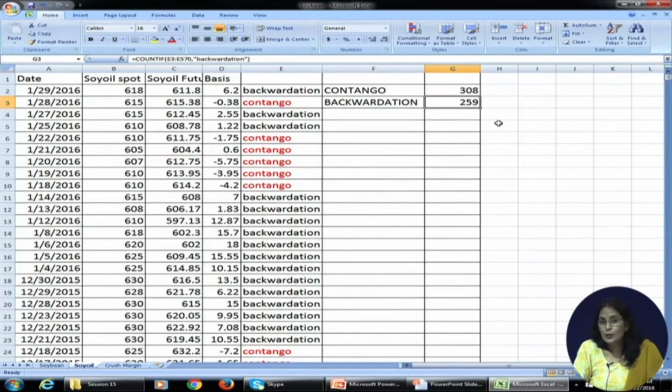So my next question to you all is: even if soya oil is derived from soybean, why should there be a difference in contango, and why should these two prices be moving in different directions or in a different manner?